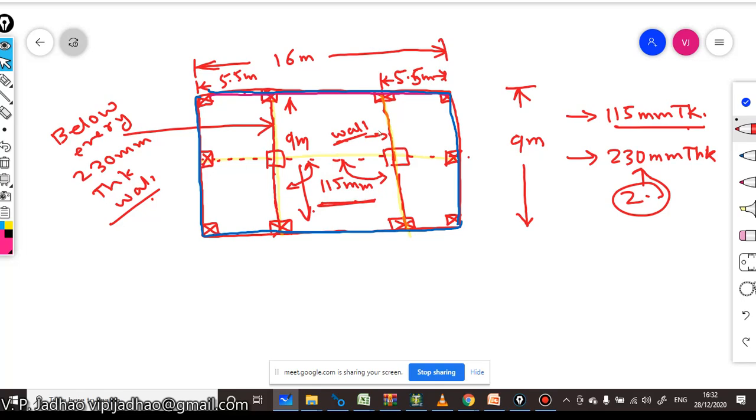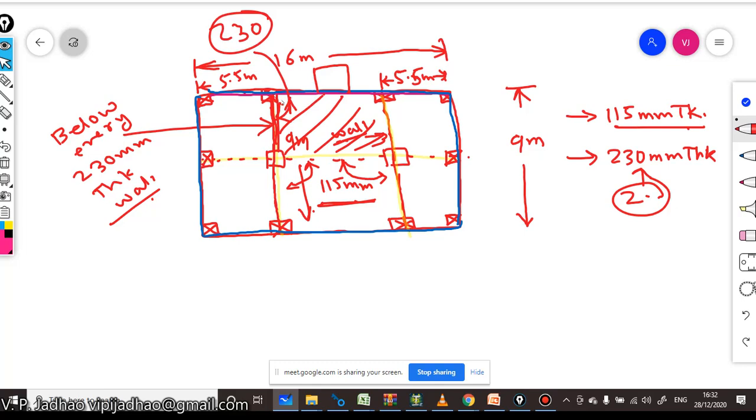At the same time, let us consider we have a staircase in this particular area, and this is the open space for your flat. Then this particular wall should be considered 230 mm thick, because it becomes an external wall.